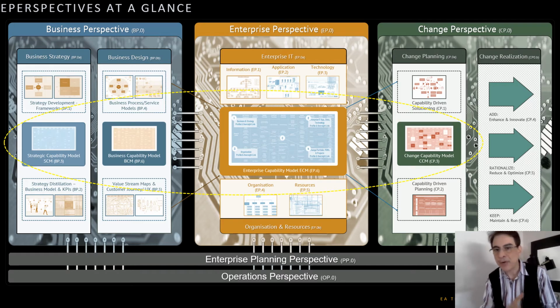We also have an operations and planning perspective, which is a support module, which basically applies to the entire business enterprise and organization. For now, we will not delve too much into that and keep the focus on the key three perspectives on top.